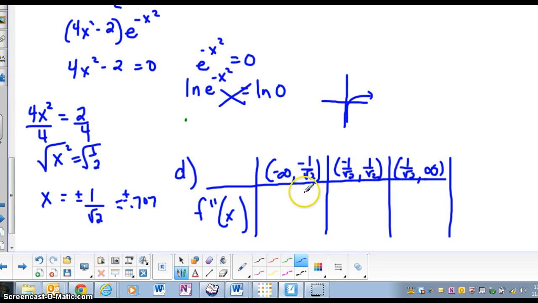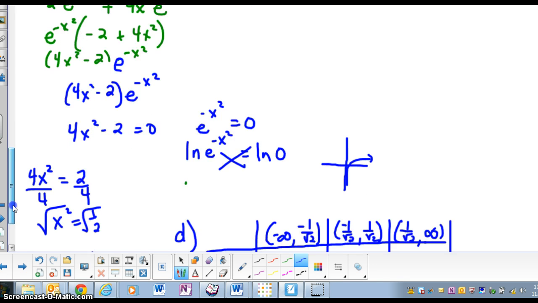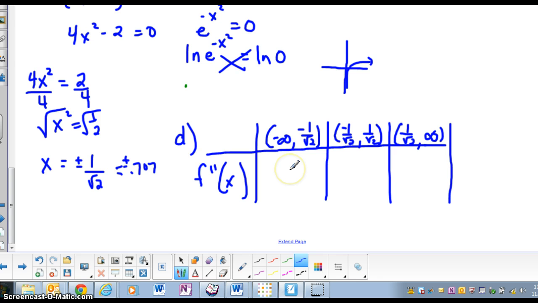In this range, I'm going to go ahead and test negative 1 in my second derivative. When we plug in negative 1, we will get a positive number times another positive number. So here is positive. Then a good number to test in between would be 0.